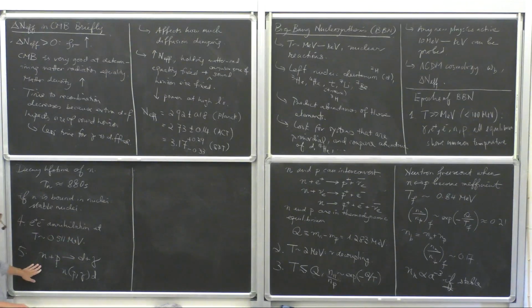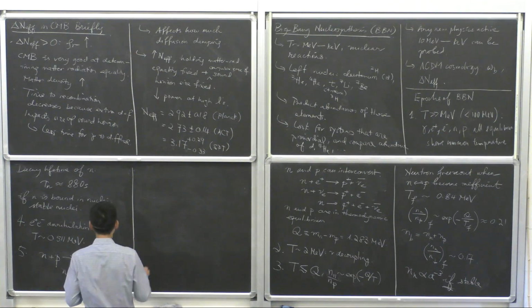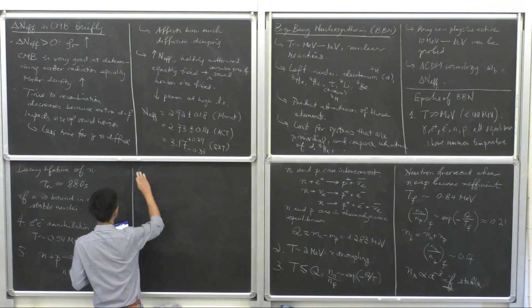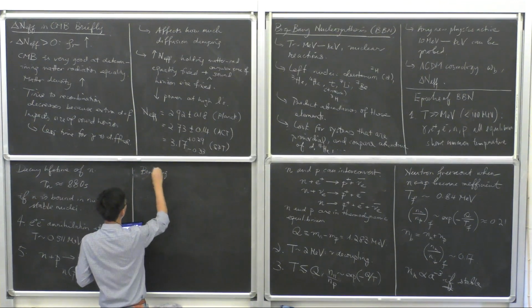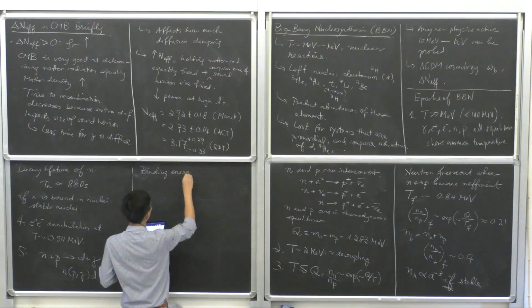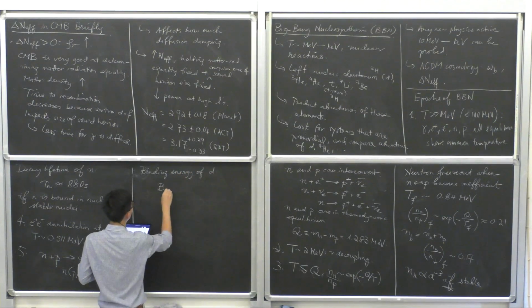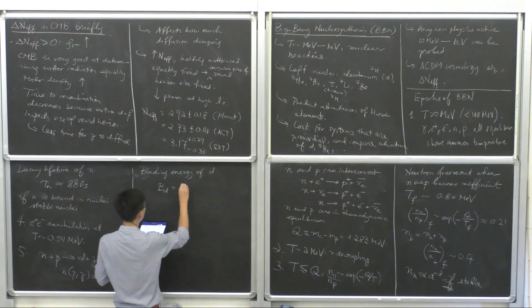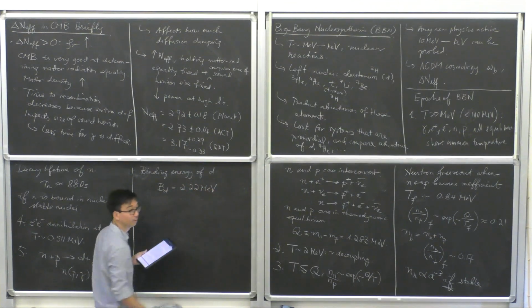So why doesn't a neutron just immediately interact with a proton and go to deuterium? Well, if you look at the binding energy of deuterium, it's 2.22 MeV.